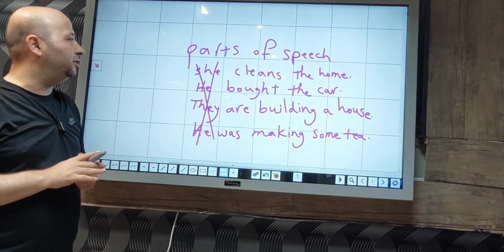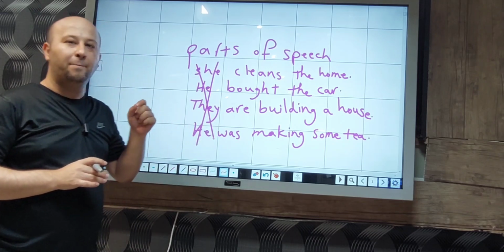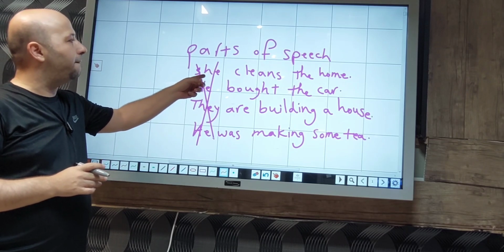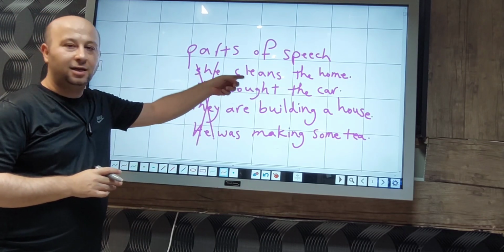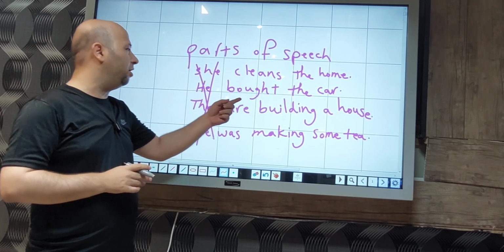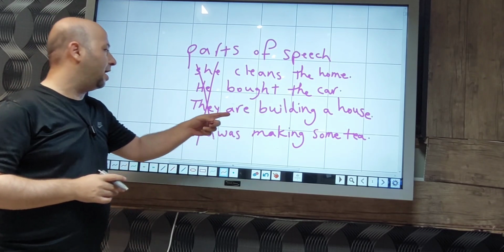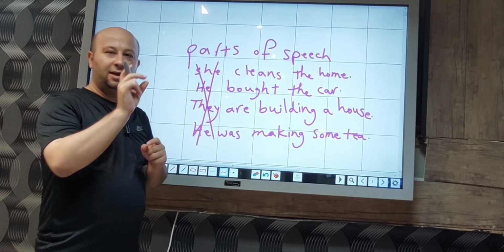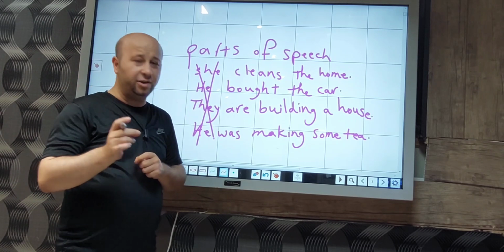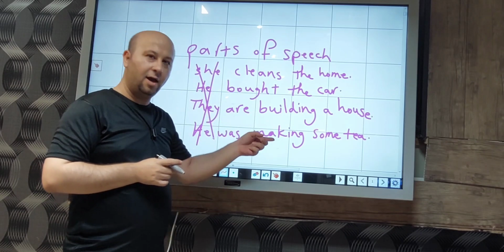In the first sentence, the formula is to be plus pp, the past participle form of the verb. So the first one becomes the home is cleaned, and the second one becomes the car was bought. The third one becomes a house is, and here we need an extra being plus the third form of the verb, so a house is being built.